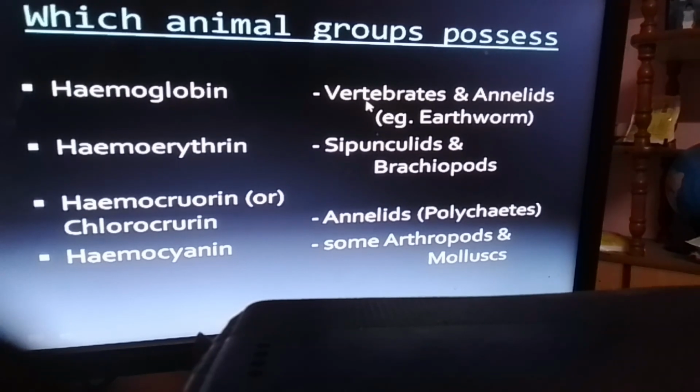So the hemoglobin is collected within cells called RBCs. But in the case of invertebrates, even though the molecular structure is similar, it's in a dissolved form in the plasma of the blood. That is the difference in the occurrence of hemoglobin among the vertebrates and invertebrates.